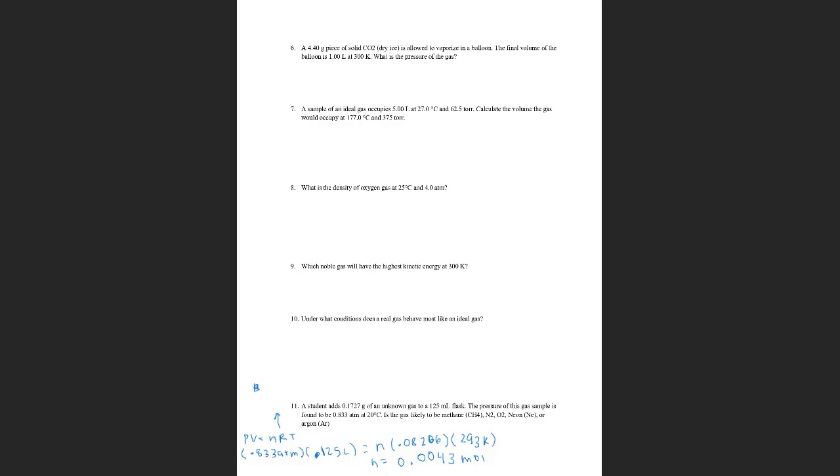So what are the units for molar mass? Yeah, grams per mole. We can recreate that by using the grams given to us, which is 0.1727 grams, and divide it by the moles that we just solved for, 0.0043 mole. And then what do you get?